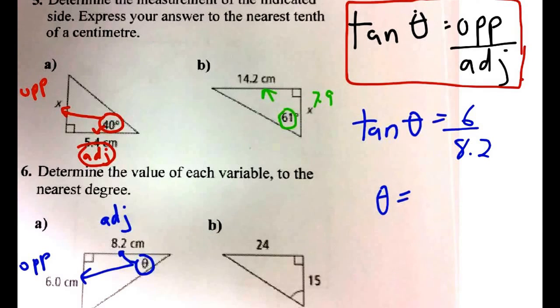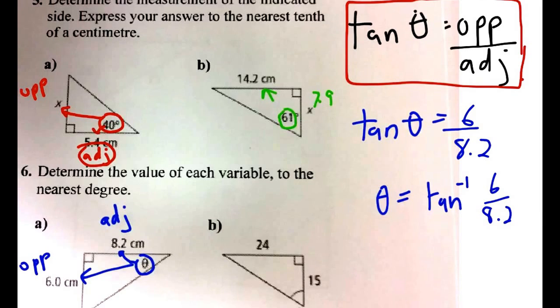So really what we've got to do is get rid of the tan part, and on your calculator that's when you want to go shift or second tan. So you want to do the tan, and it has a little -1 on the top of it to remember that you're doing the opposite, and then 6 divided by 8.2. So we just sort of do the reverse of the tangent, so second tan 6 divided by 8.2.